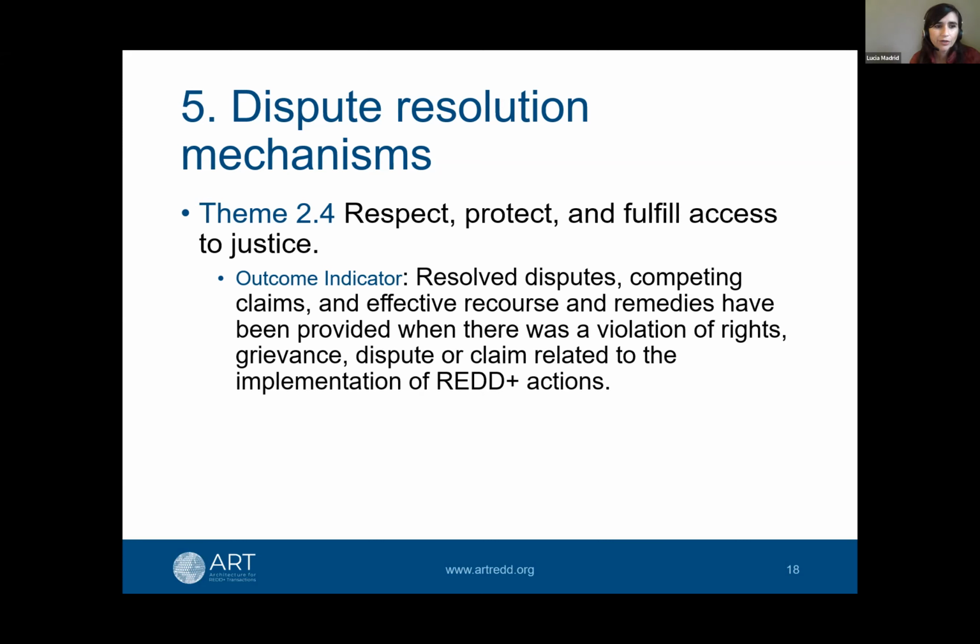The outcome indicator requires evidence of the effectiveness of this process by requiring that to resolve disputes, competing claims, and effective recourse and remedies have been provided when there was a violation of rights, grievance, dispute, or claim related to the implementation of REDD+ actions.